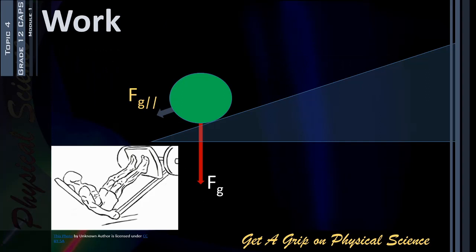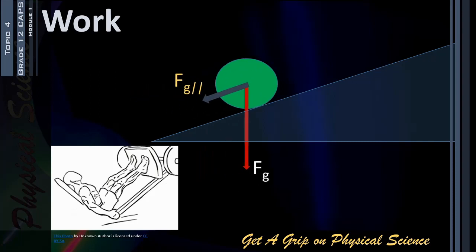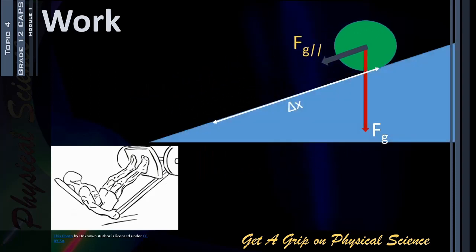In this example, we have a man that applies a force to a mass piece in order to move it up an incline. But gravity will pull the mass piece down. So again, we have a force and a displacement that are not in the same direction. So we will work with the parallel component of the weight again, because we know that the parallel component of the weight is in the opposite direction to the displacement of the object.